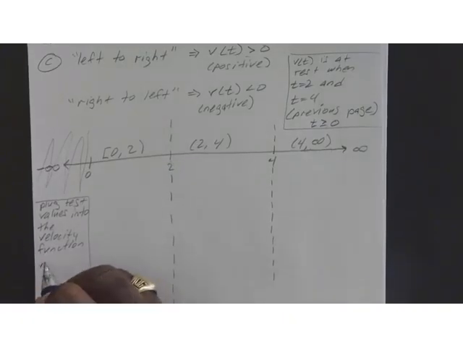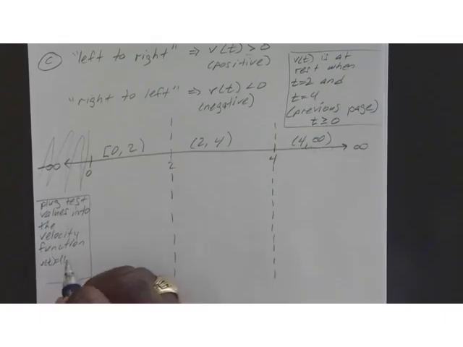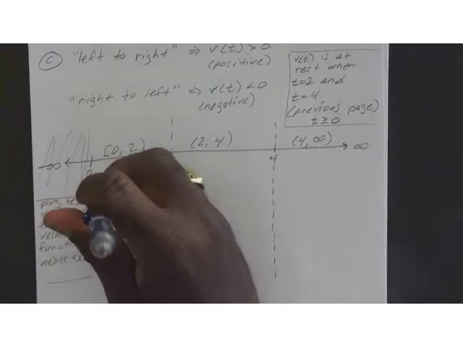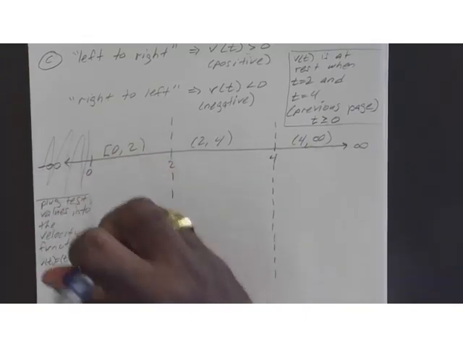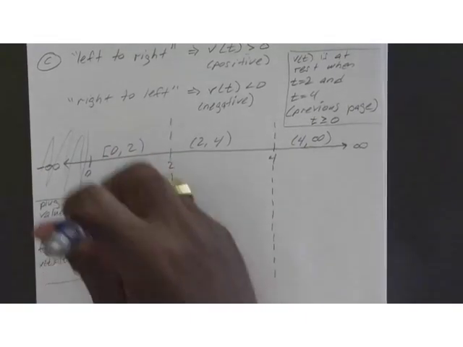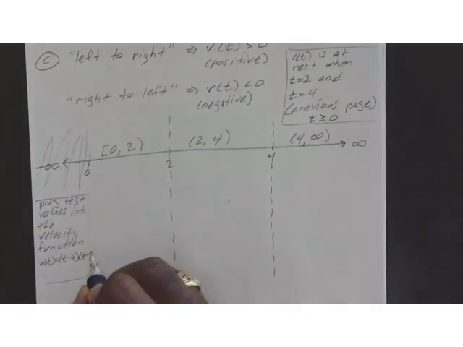So the velocity function is going to be t minus 4 times t minus 2.